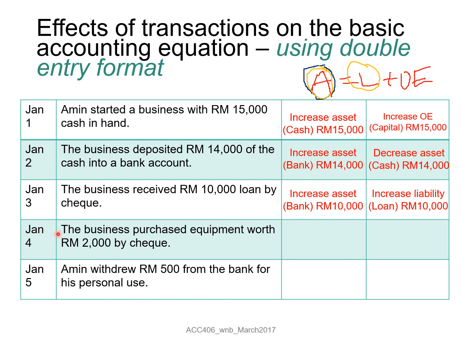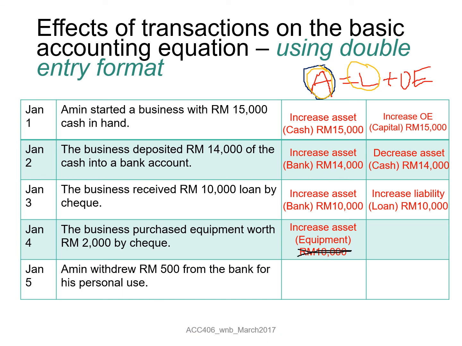Moving on, this is 4th January, the business purchase equipment worth 2,000 by check. Dia beli asset, dia guna duit bank. Okay, right here. So, how do we record the effect? Kita akan increase asset referring to the equipment sebanyak 10,000, sorry. Bukan 10,000, 2,000 je.